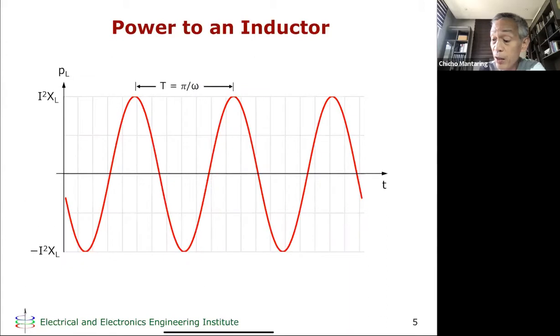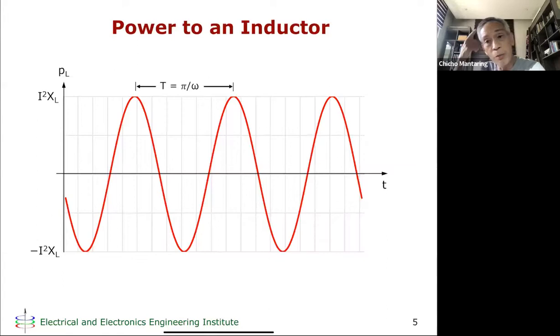Okay? So ang minimum value niya is minus I squared XL. Ang maximum value niya is I squared XL. And the frequency again is twice the original frequency of our current. So kung F yung frequency ng current natin, ang frequency nito would be 2F.